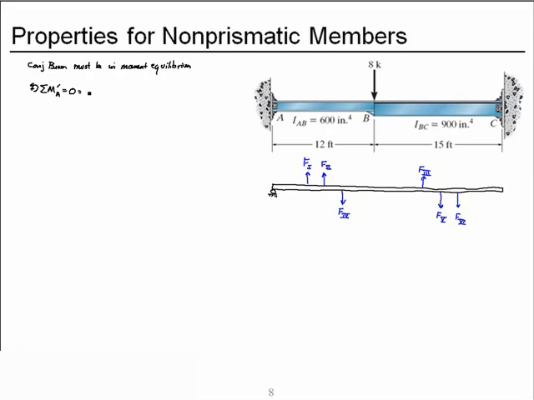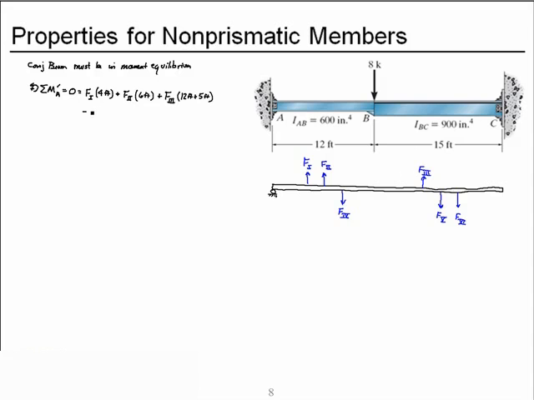We have force 1 acting through 4 feet. That's a positive contribution. We have force 2 acting through 6 feet. It's a positive contribution. Force 3 acting through 1/3 of the 15 plus the 12. And that's a positive contribution.